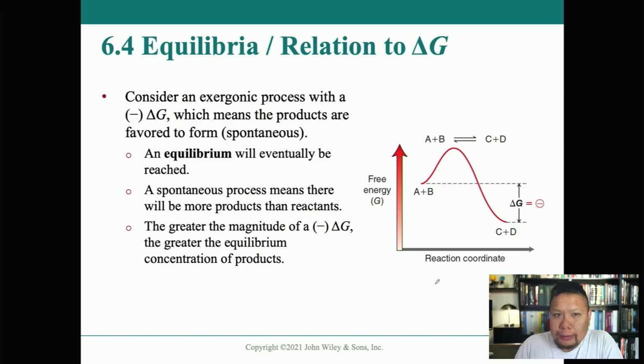Well, the reason is because an equilibrium is reached. As more and more reactants become products, there will be fewer reactants around to bump into each other and collide, so there would be less reaction happening.